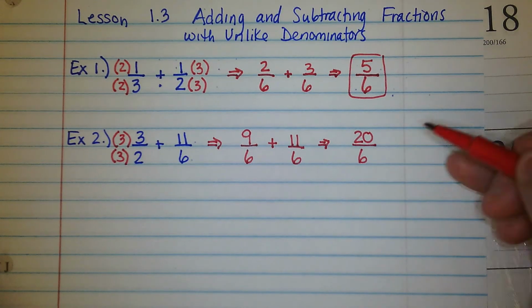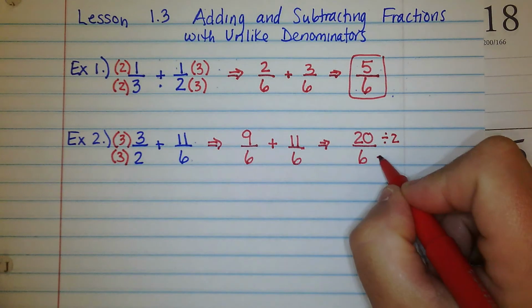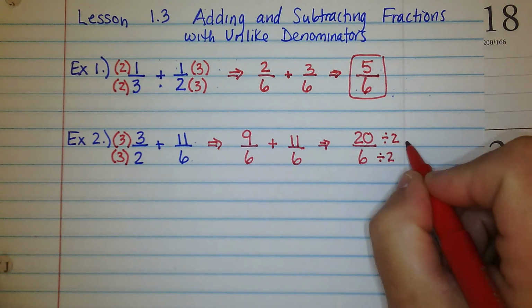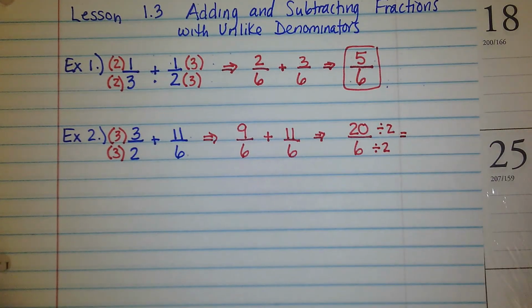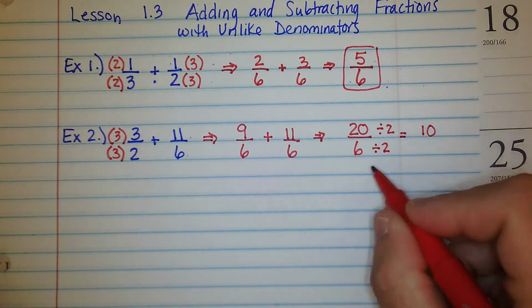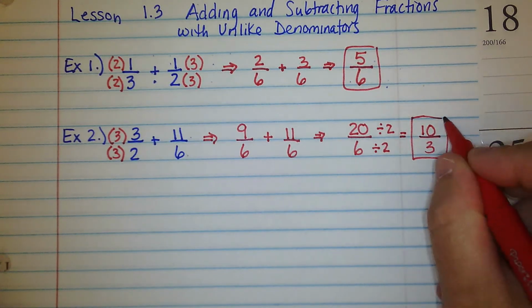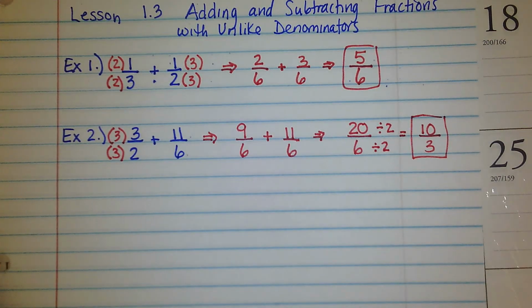If you were thinking 2, you were correct. So we're going to divide the top by 2 and divide the bottom by 2 to simplify our fraction. 20 divided by 2 is 10, and 6 divided by 2 is 3. And there is your new fraction answer. That's your final result.